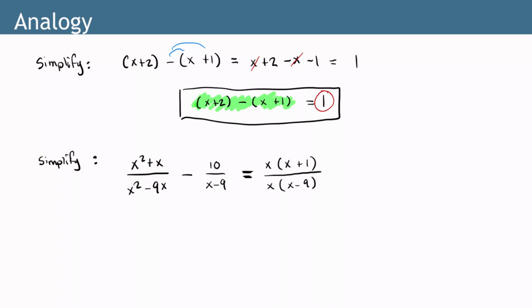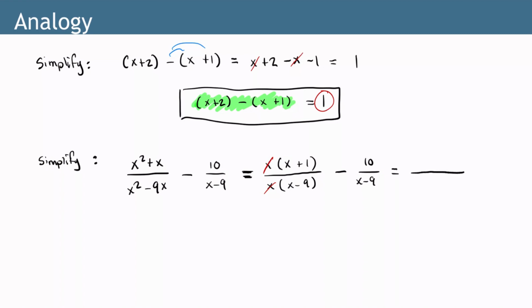Oh, that's going to work out nice. I still have this part. These x's cancel. And now I have a common denominator, so I can put these together.